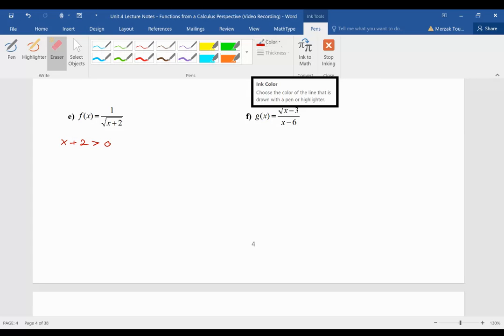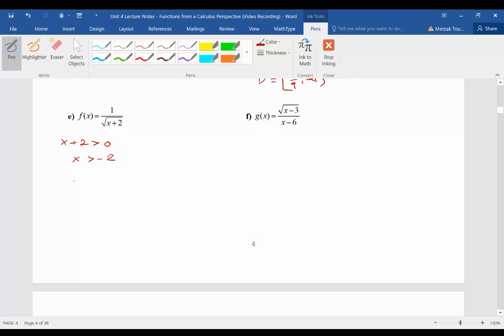Good. Now solve the inequality. x is greater than negative 2. So for the interval notation, let's use the number line quickly. Negative 2 is not included.